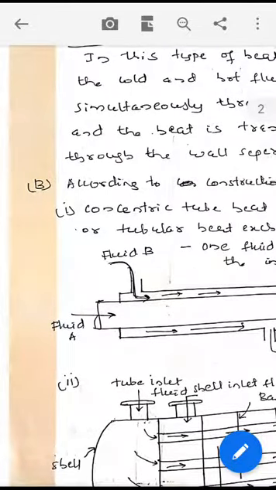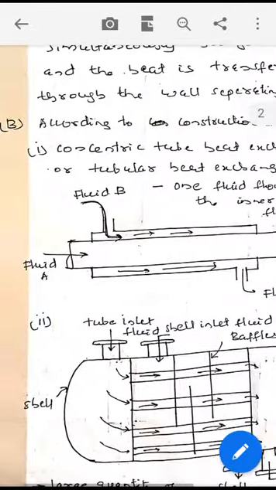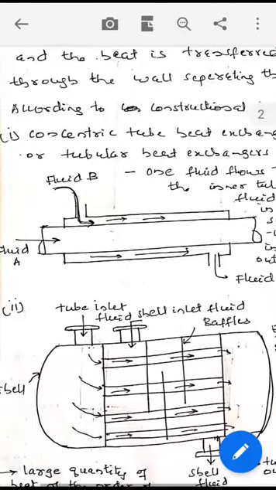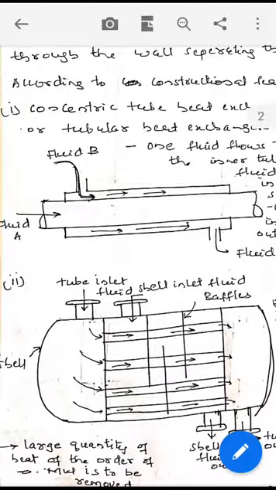Then next type of heat exchanger is a recuperator or a concentric tube heat exchanger. In this heat exchanger, the hot and cold fluids will flow simultaneously through the heat exchanger, and heat is transferred from hot fluid to the cold fluid through the wall separating the hot and cold fluid.